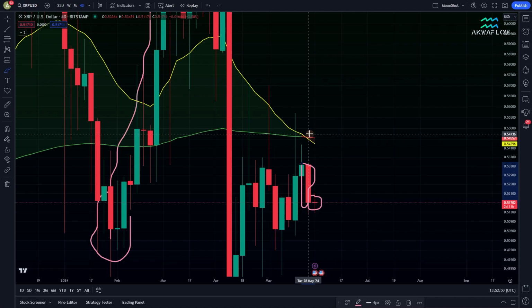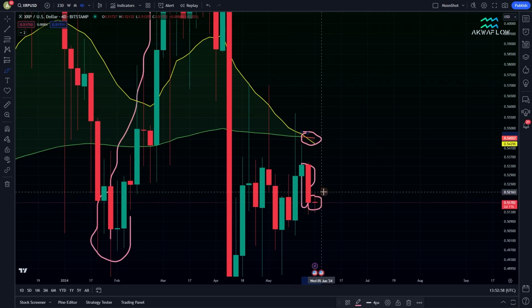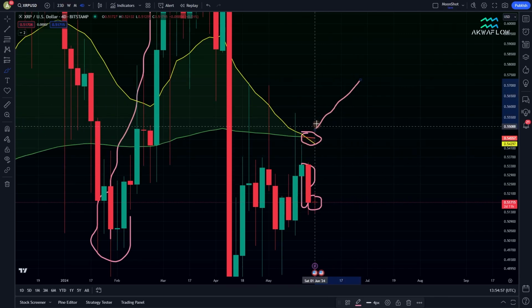And to know if this is a retest or an official cross, we need to wait for the close of this candle. And this candle will close Tuesday night. That's why we need to wait until Wednesday to know if XRP wants to avoid the cross or not. So this shows you why we are currently in a critical situation and why the current situation is pretty tense.